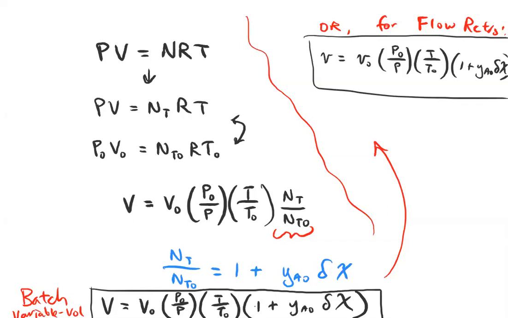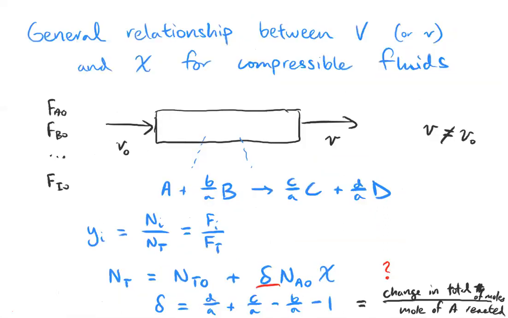Okay, so this is a relationship that takes into account the stoichiometry and terms involved with really any reaction. And so I encourage you to carefully think about if and whether it might still be true if you have an inert term included here as one of the components in your feed.